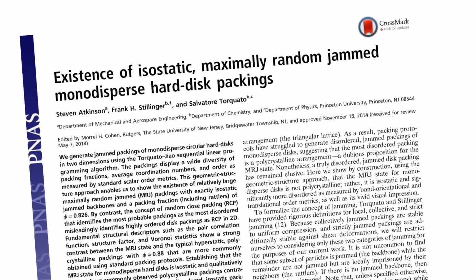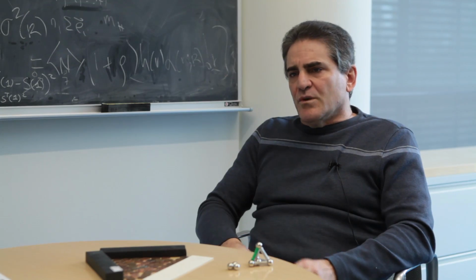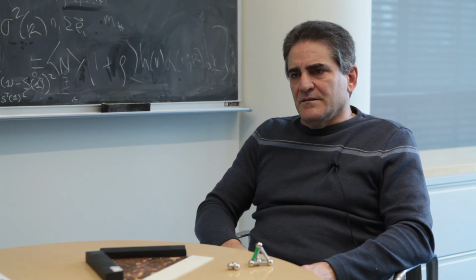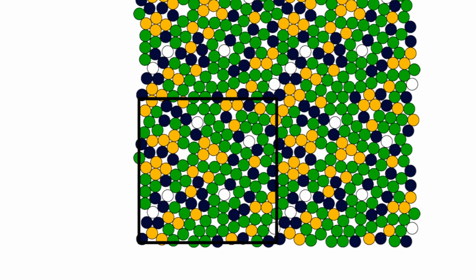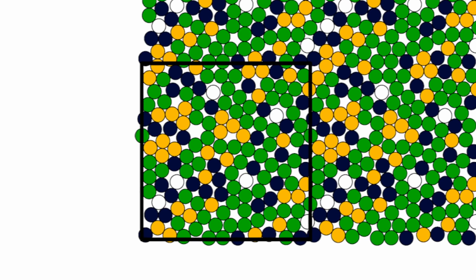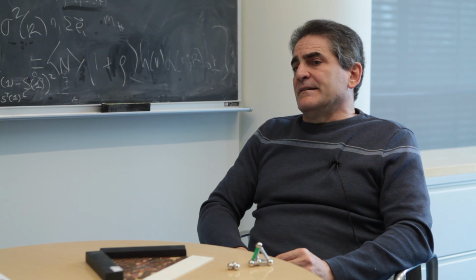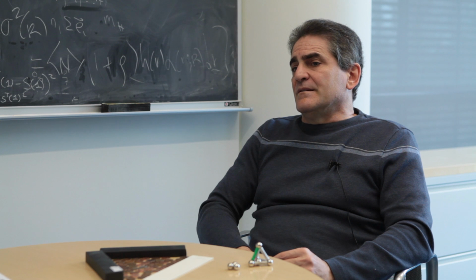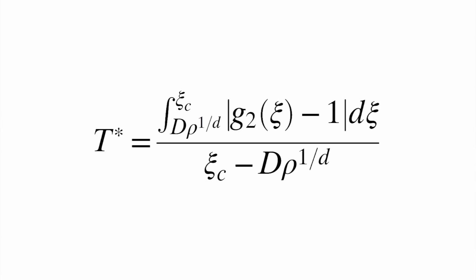One of the things that we showed in this PNAS paper is that these disordered packings of pennies do exist. They have a much lower density than these ordered ones, or ordered-like ones, and that they are in fact disordered as measured by what we call order metrics.